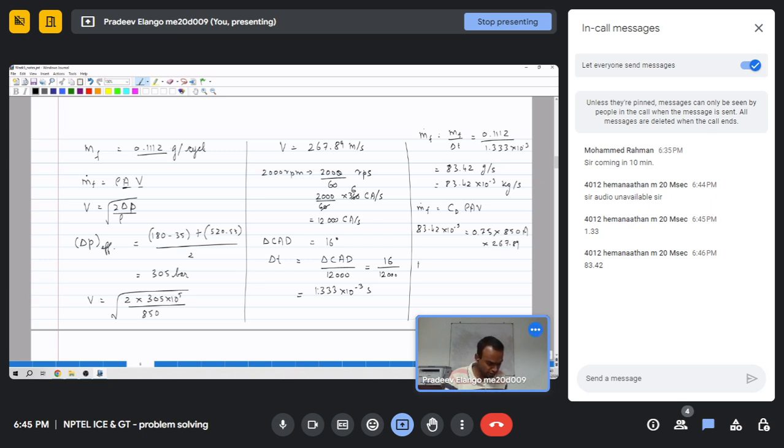So area is equal to 83.42 into 10 power minus 3 into 267.89 divided by 0.75 into 850. Can you calculate it, please?